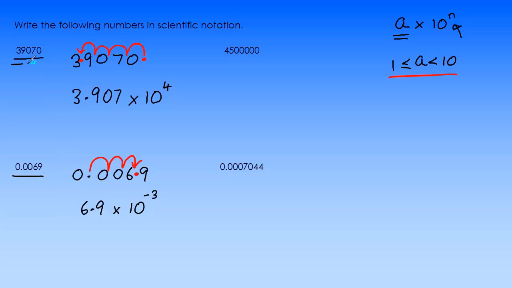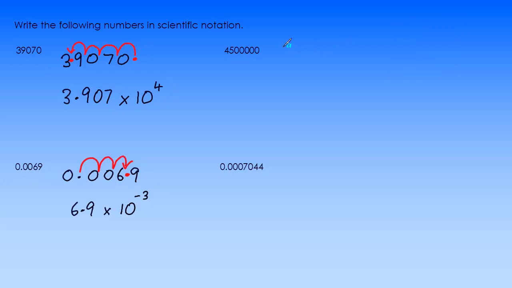So if the original number is more than 10, you'll end up with a positive index. If the original number is less than 1, you get a negative index. So for this example here, we have 4, 5, and then 1, 2, 3, 4, 5 zeros. Now this is an integer.